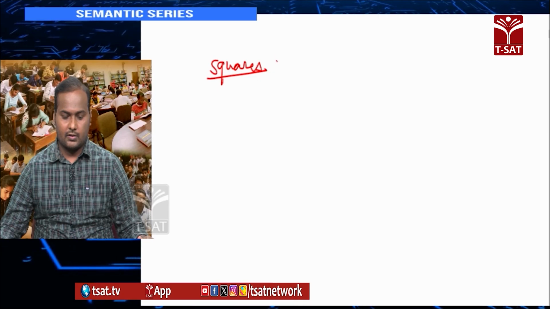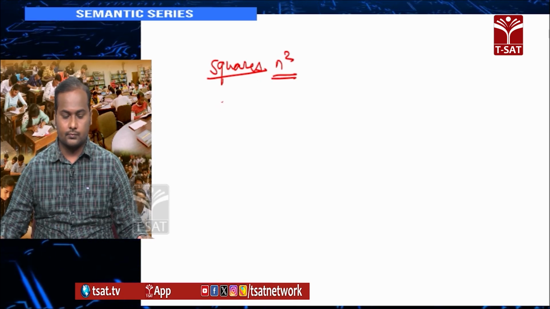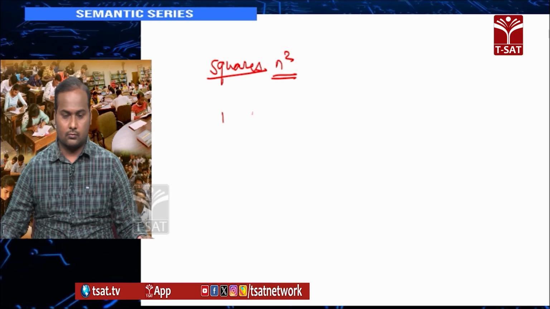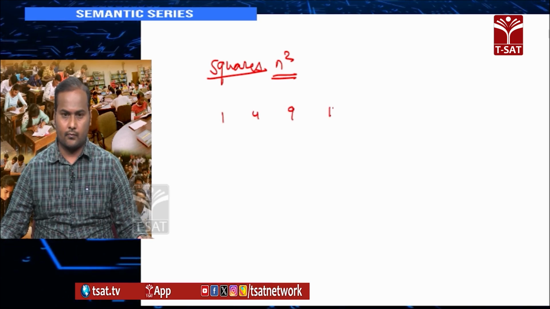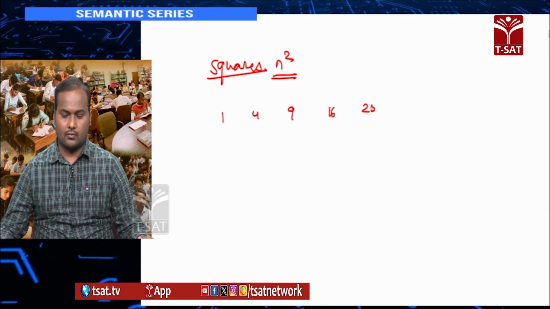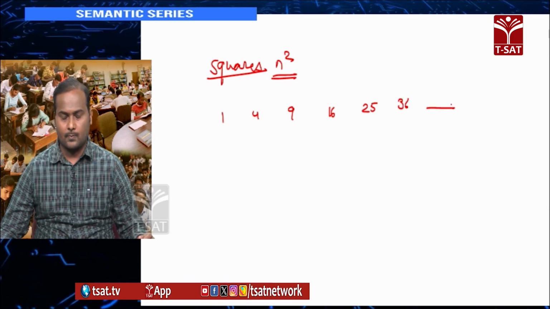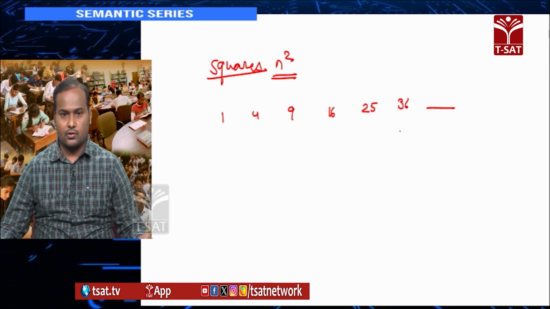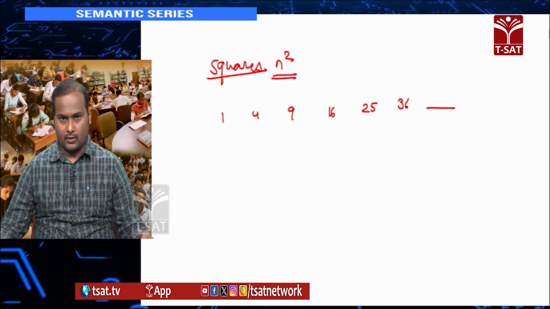In case of the squares, that is n square, the format is very simple. It's 1, 4, 9, 16, 25, 36, and it is going to ask the next one. The moment you see these squares, you should be in a position to recognize that it is in the form of a square.